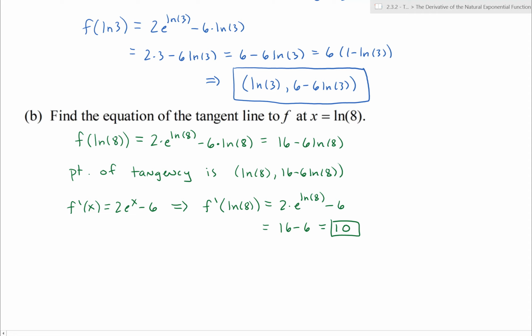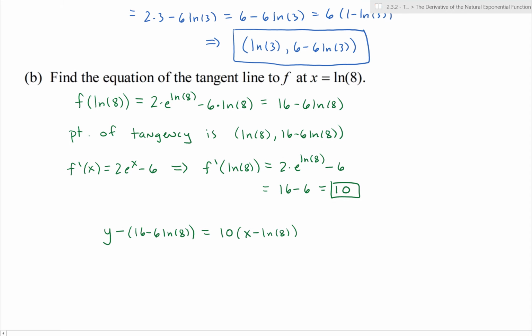Let's use our point slope form. We're going to get y minus the output value, which was, remember, 16 minus 6 times the natural log of 8, is equal to our slope, 10 times x minus that input location, the natural log of 8.